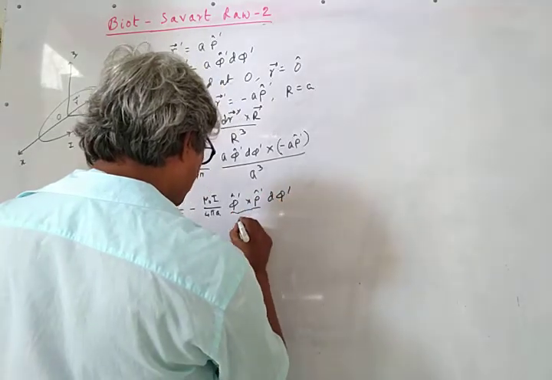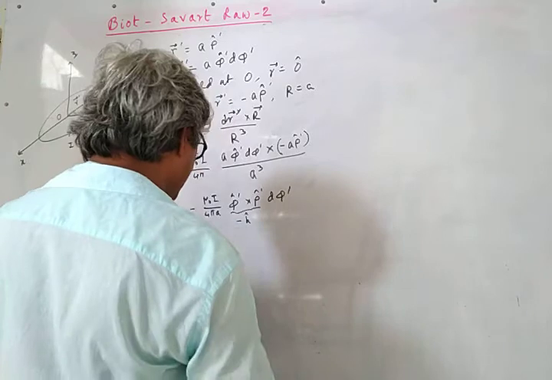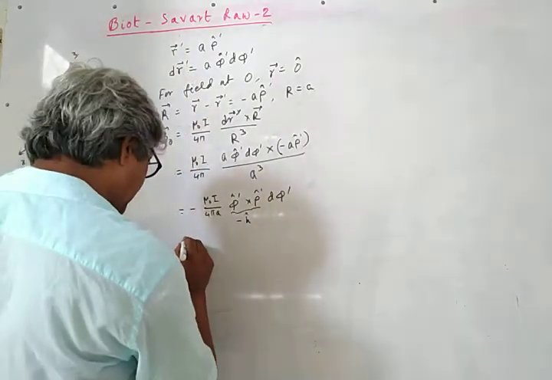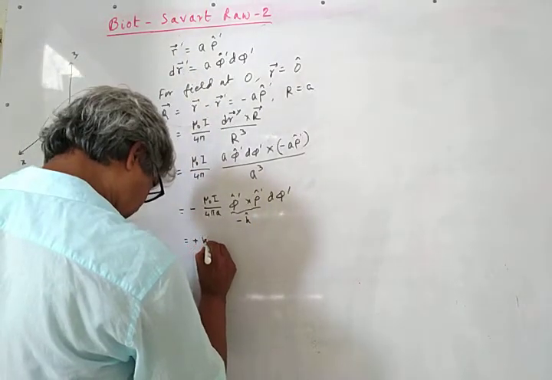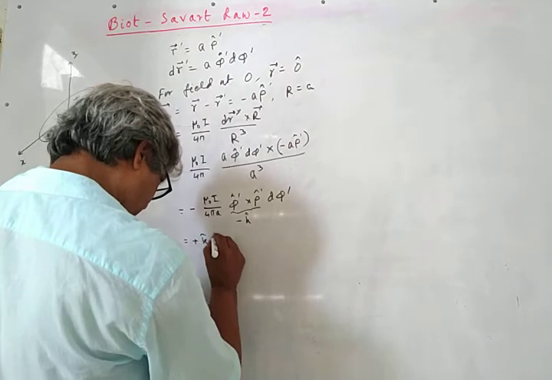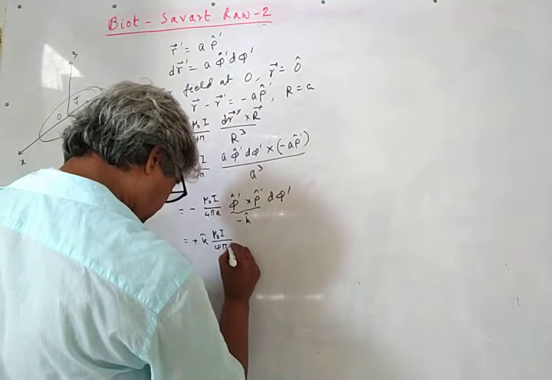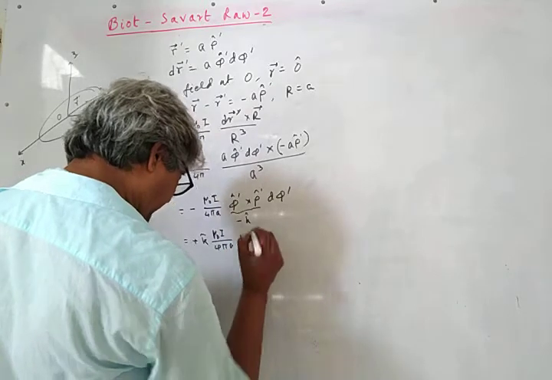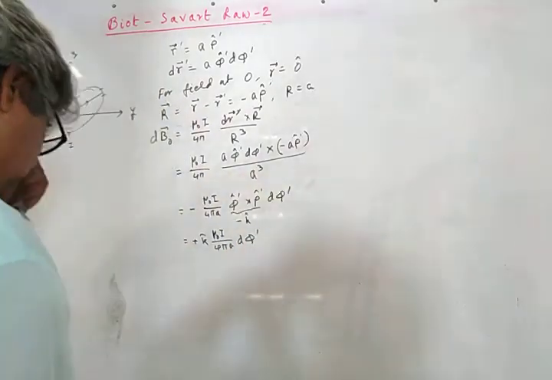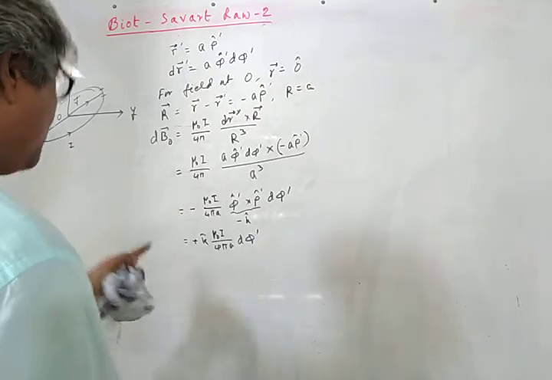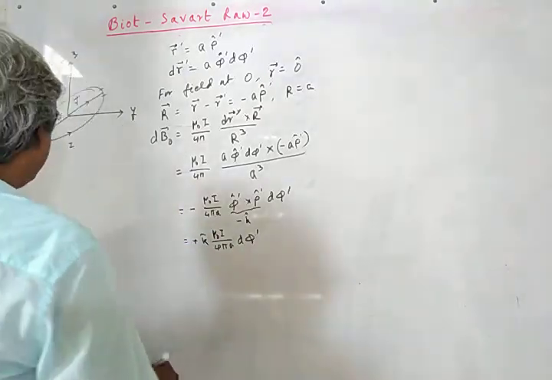This is equal to minus k cap. So this adjusts the sign and this result is plus k cap mu 0 I upon 4 pi a d phi prime, and the total field is obtained by integrating it over the angle phi.